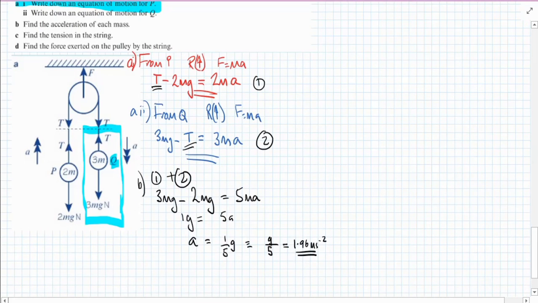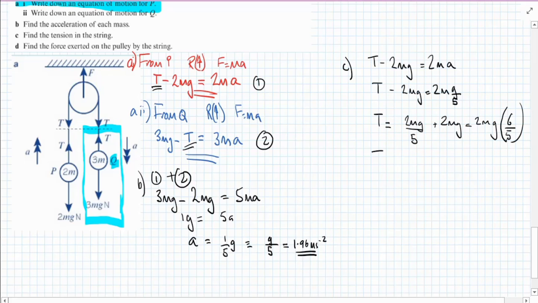Final answer. And part C, find the tension in the string. Might as well use equation 1 for that. I can't go any further than that because I don't know the value of m.